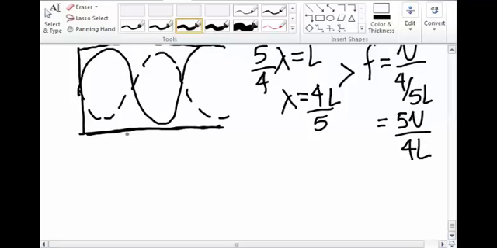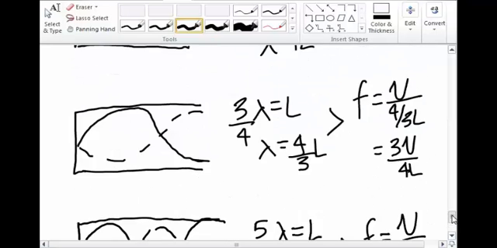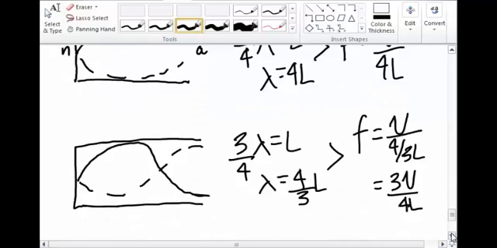Alright, so I'm going to take a look at my 3 that I've made so far and see if I can come up with this last relationship for the closed open pipes. So let's see, my first equation was V over 4L.